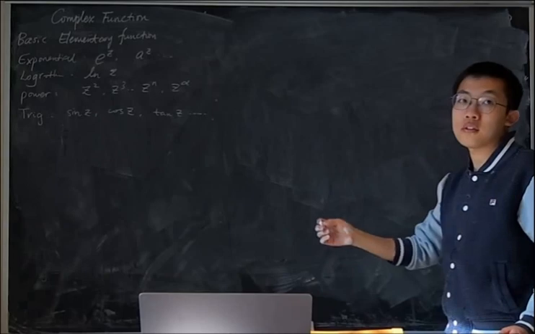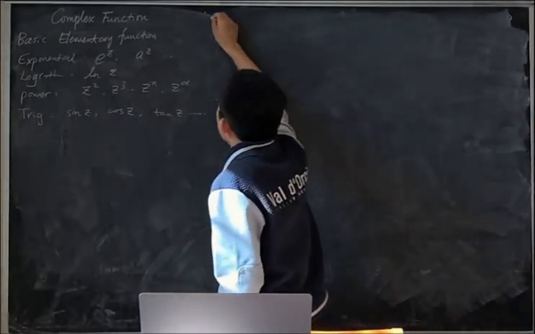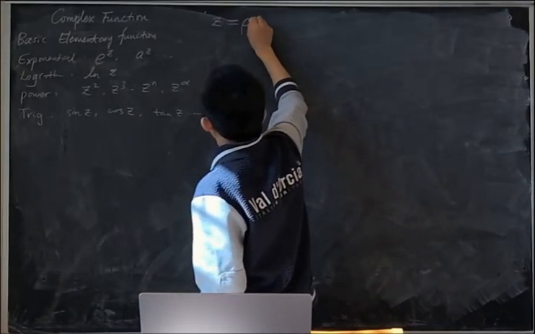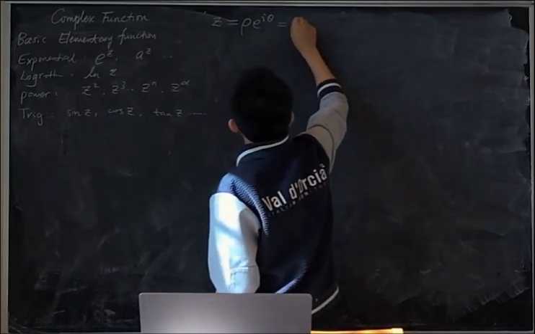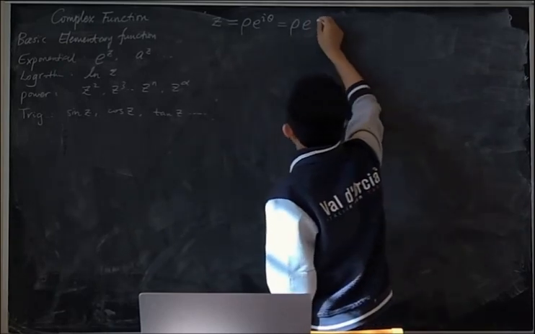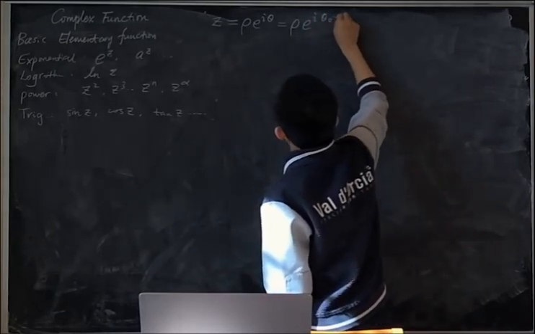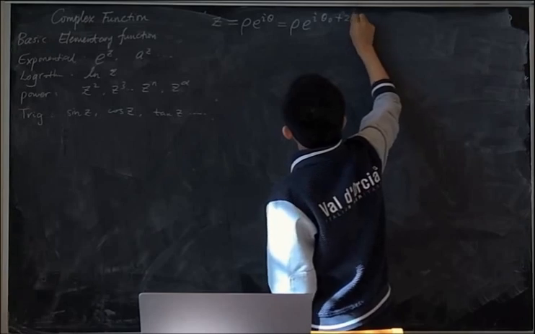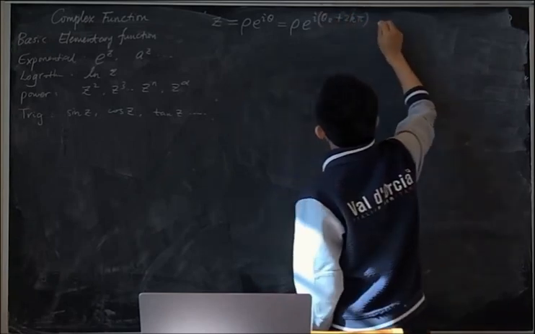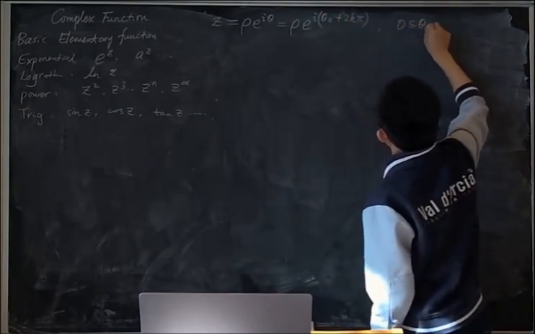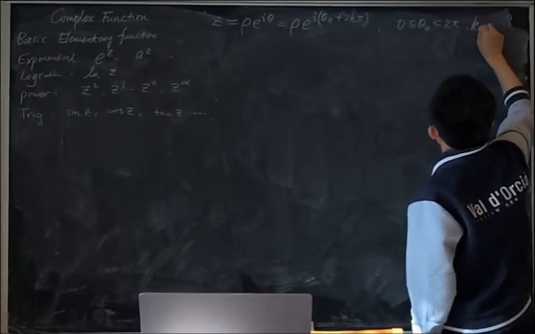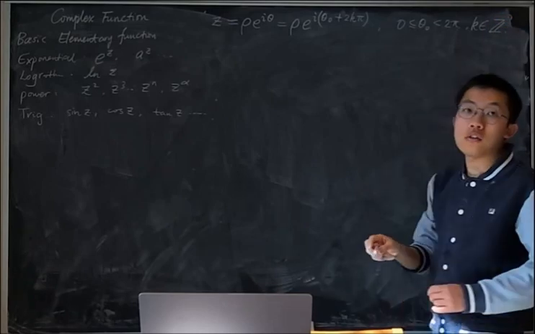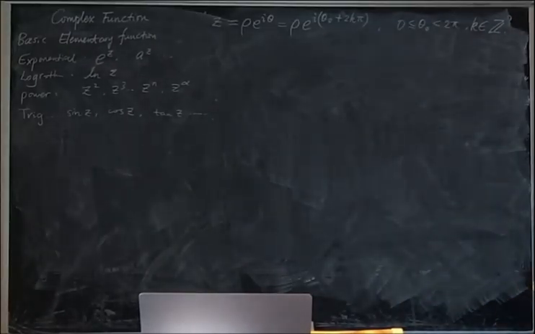So, let's see. z could be expressed as rho e to the i theta, or rho e to the i (theta naught plus 2k pi), right? I just set this theta naught to be the principal argument, and this k could be any integer. These are equivalent.